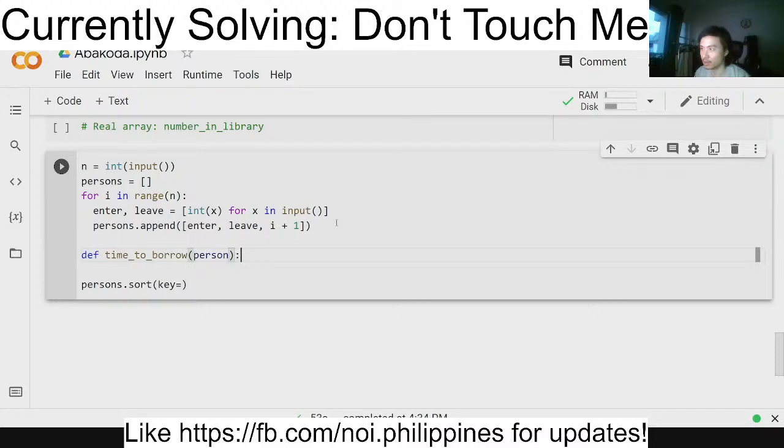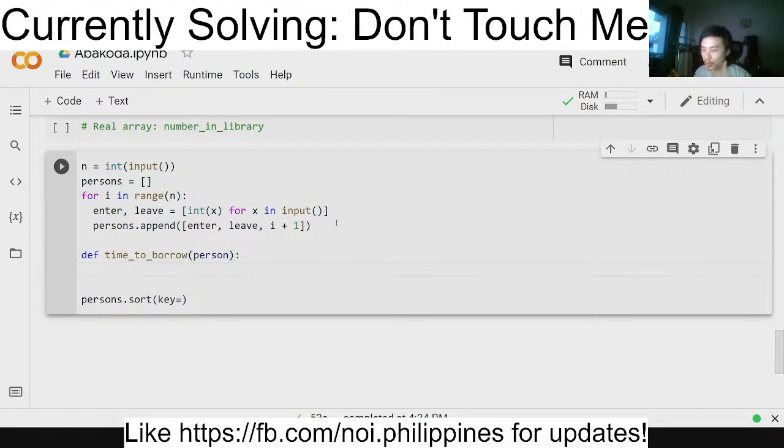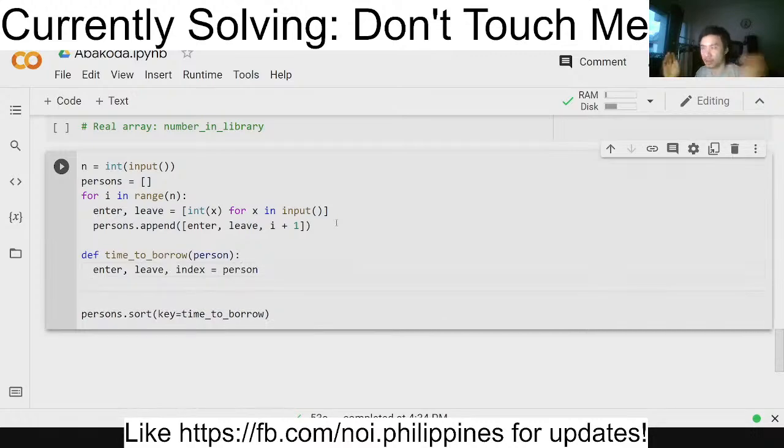We sort the list of people by smallest amount of time they want to borrow the book to largest amount of time. And how much time is the person going to borrow the book? Well, we can extract the info from the person again. And then the amount of time that the person is going to borrow the book is just leave minus enter.